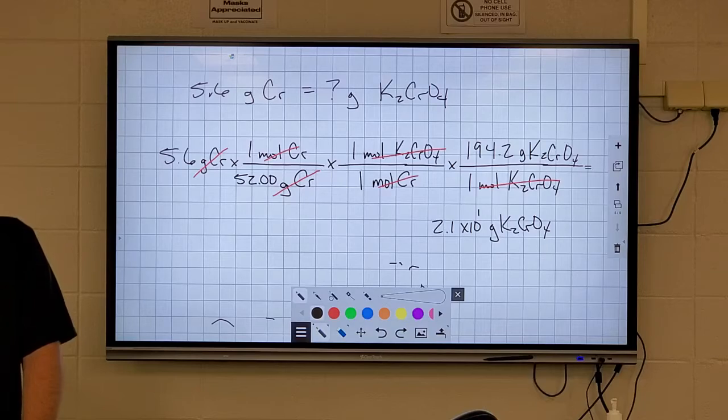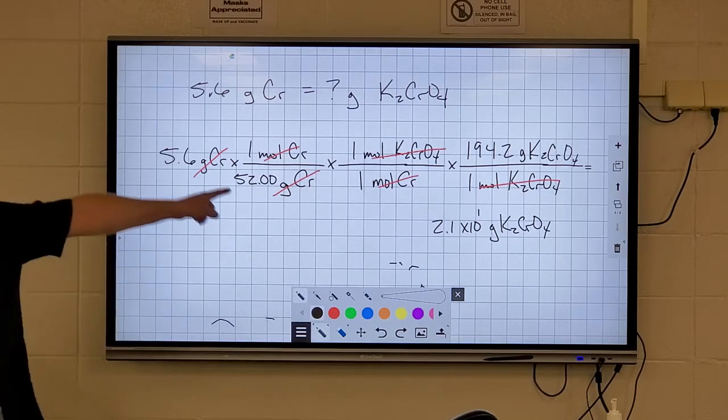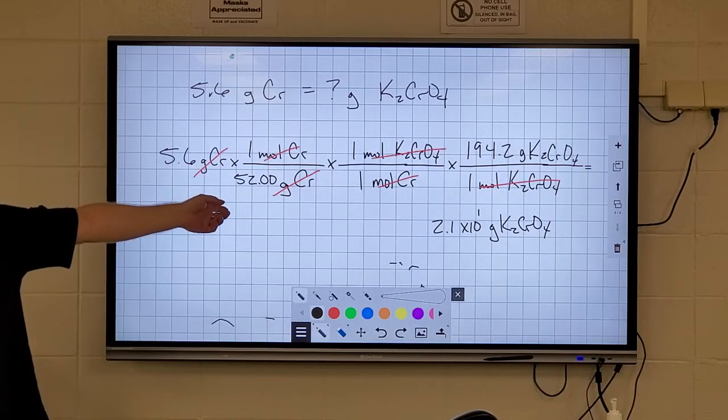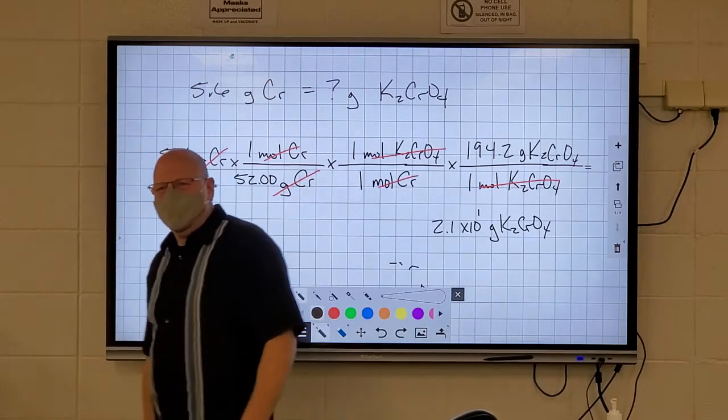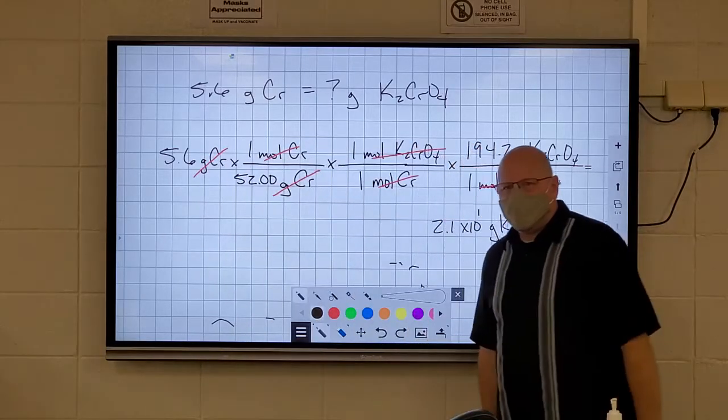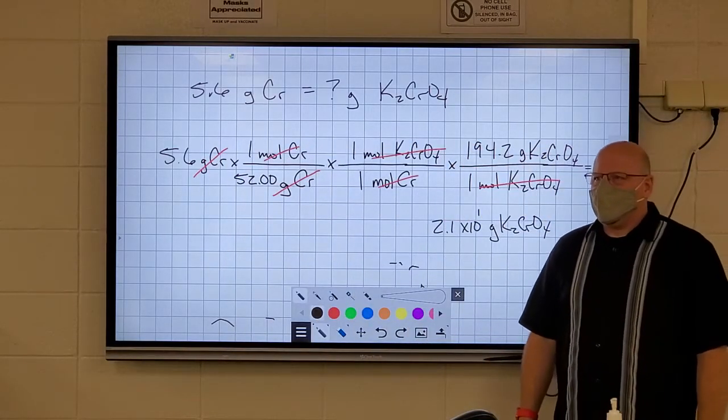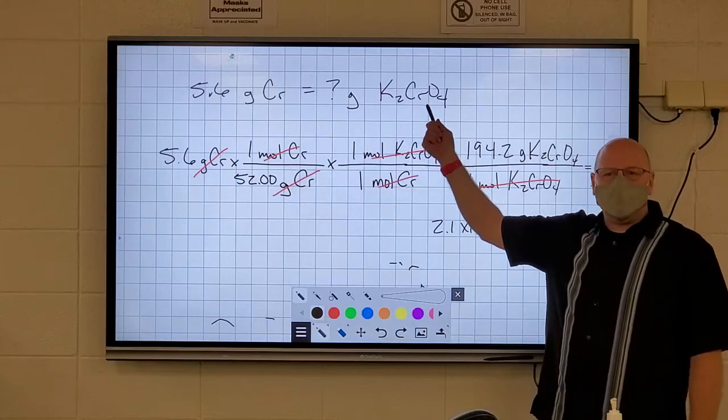Any questions? I have a question. How can you get grams of potassium chromate from just chromium? How can potassium chromate be in chromium? Well, this formula has chromium in it, right?